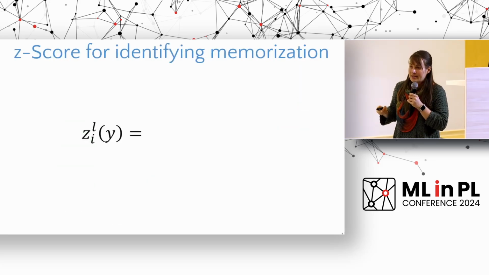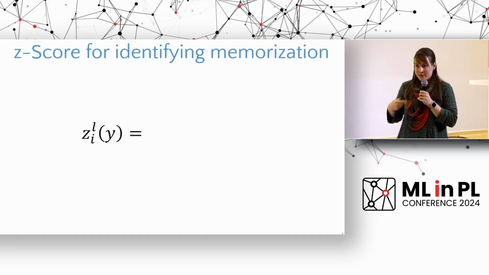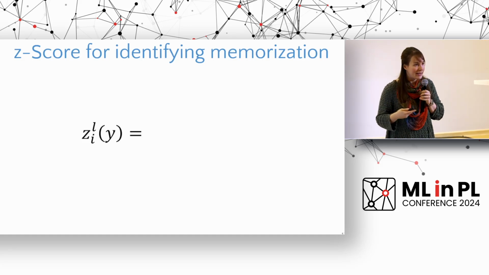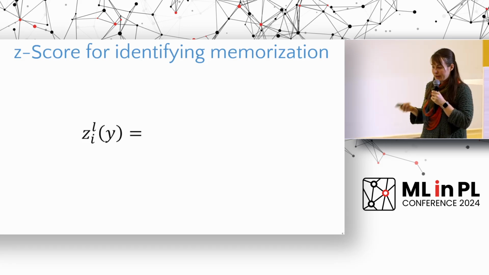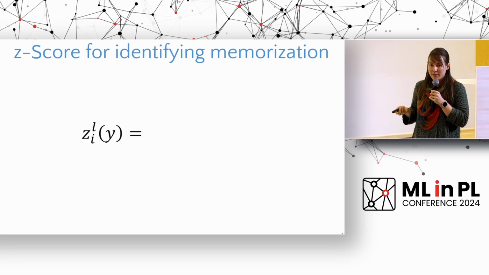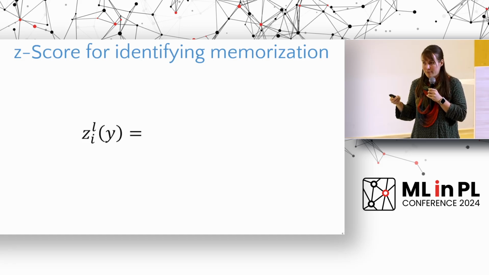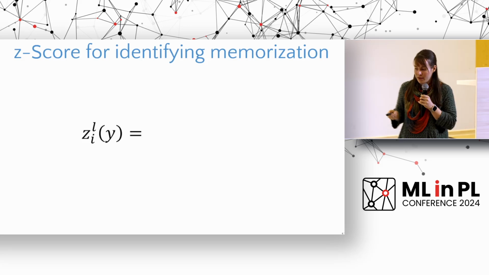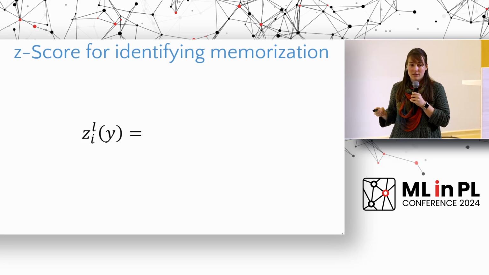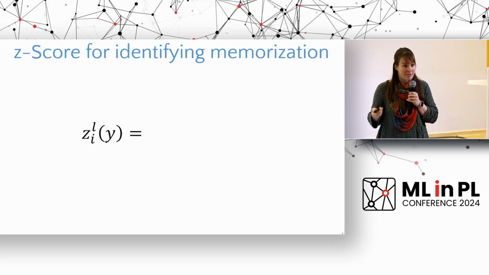And now let's dive into the core of our method, namely detecting when a neuron memorizes. Therefore, we calculate the Z-score. A Z-score is a very simple statistic that compares a data point to a distribution and finds out how much of an outlier this data point would be. And we use this to quantify the activation of a neuron versus standard.